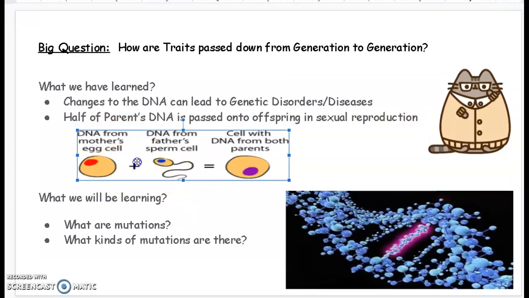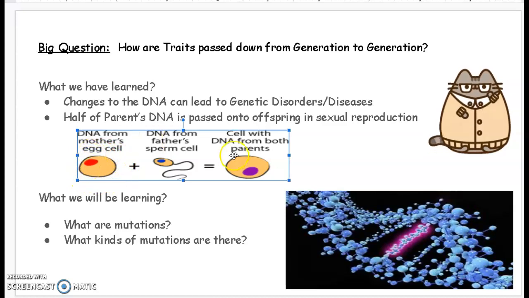And now going on to the picture right here, Miss Butler wants you to know, and this is more of a review, that in order for an offspring to be born, you need to combine two sex cells. So an egg cell and a sperm cell have to combine. The sperm cell, when it fuses with the egg cell, will fertilize the egg.